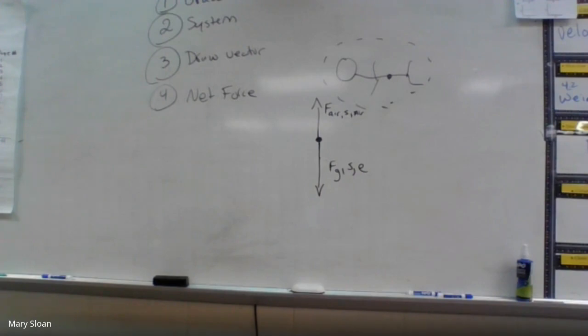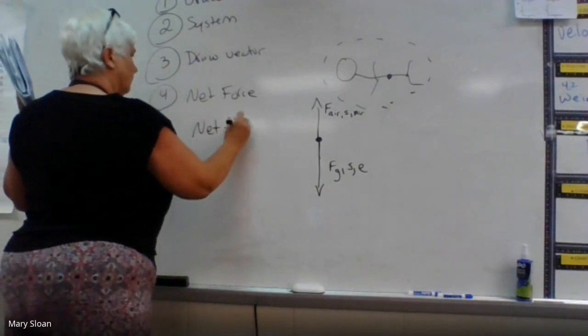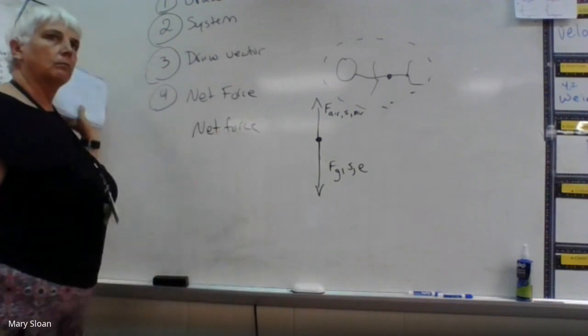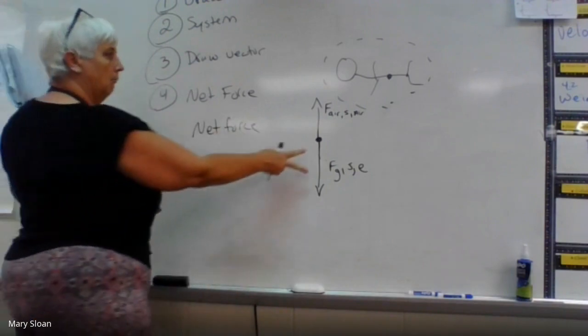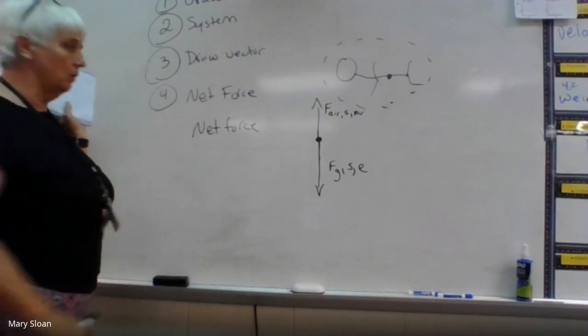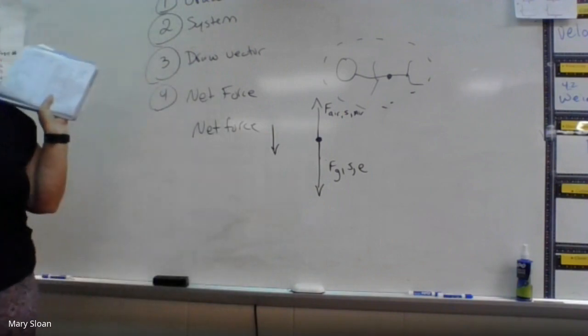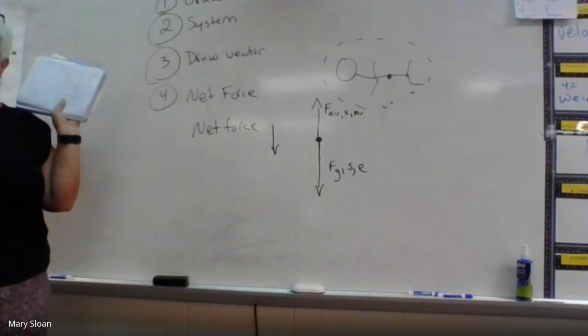So the only thing we have left to do is decide what the net force is, correct? So what is our net force for this? Which one's longer? They're in two different directions, so you subtract the two. Yeah. So my net force is going downward. That's all you got to do. How's everybody so far? Okay.